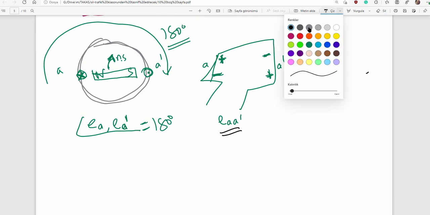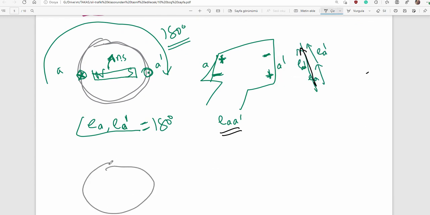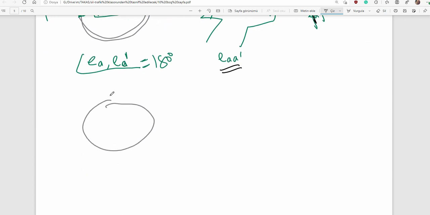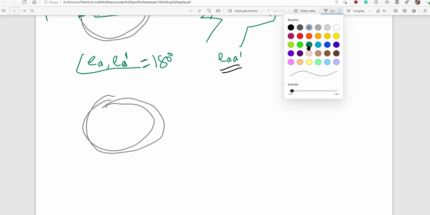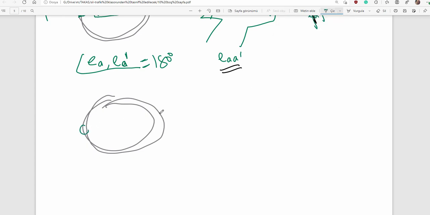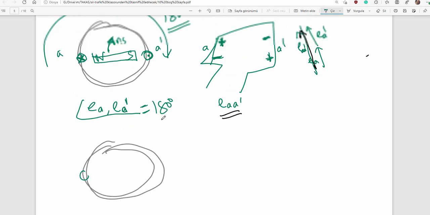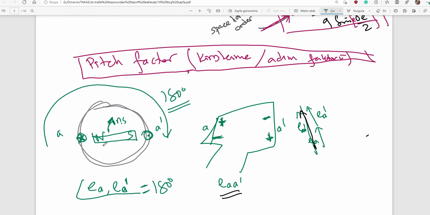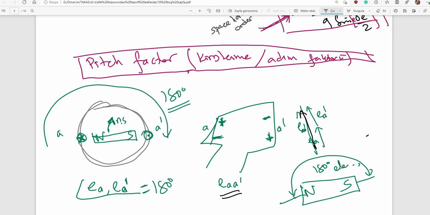Okay. Take care. What will happen if I make a small change in the return? For example, instead of having whole pitch coil. In fact, you know, any magnetic pole, any magnet between the reverse poles, there's 180 degrees electrical displacement between magnetic poles.